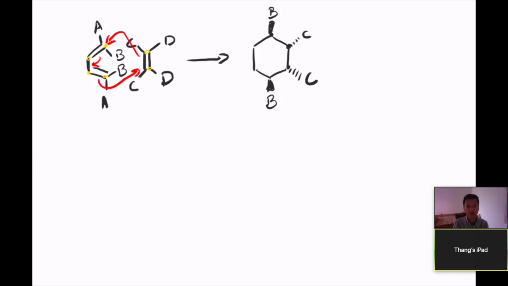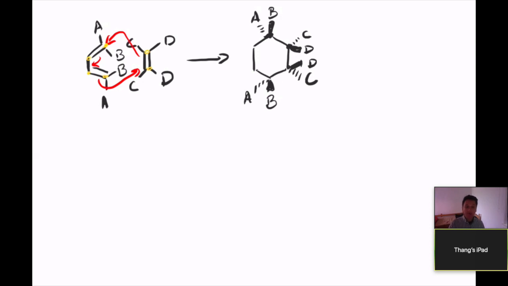Now, here's why you only care about B and C, because A is also connected to the same carbon as B. So if B is facing up, then there's only one more position left, right? So A must be going backwards. Correct? Same thing with D. If D is on the same carbon as C and C is going down, then D must be going up.